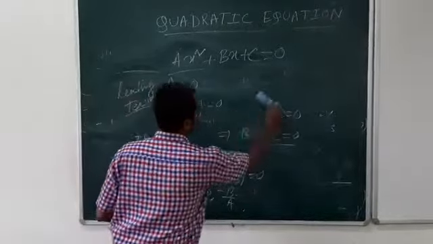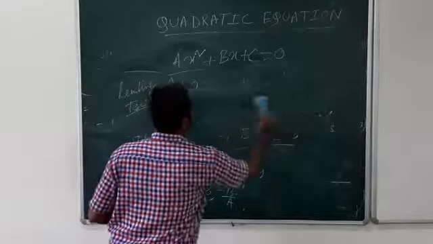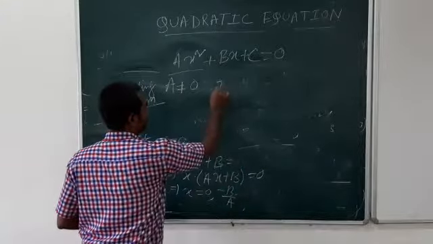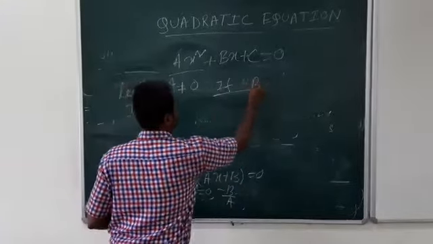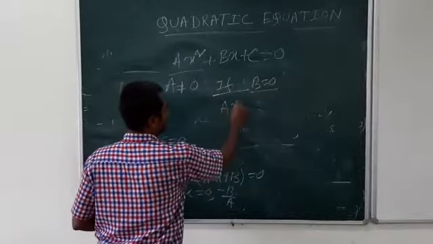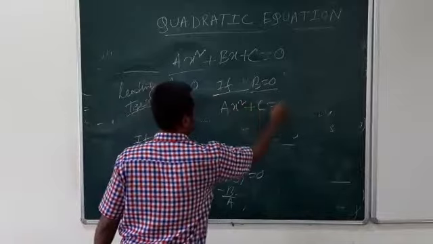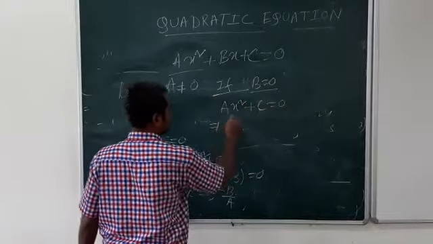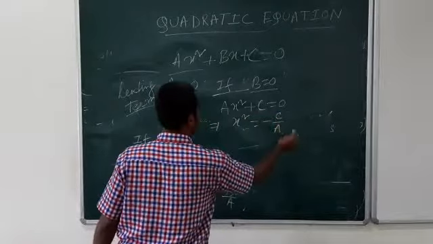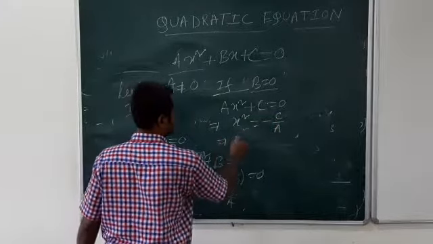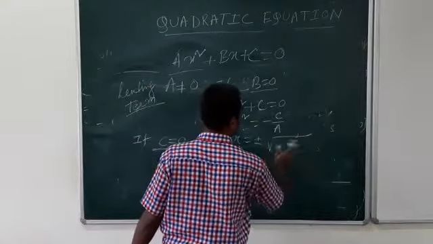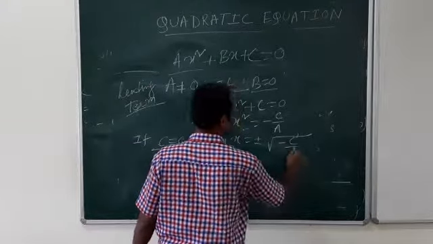Now, if b equal to 0, then we get ax square plus c is equal to 0. x square equal to minus c by a, x equal to plus minus root over minus c by a.